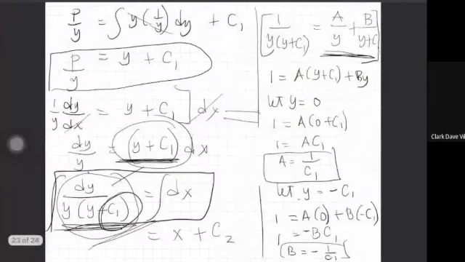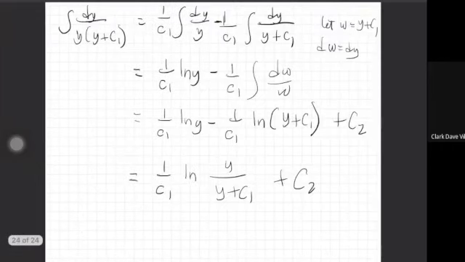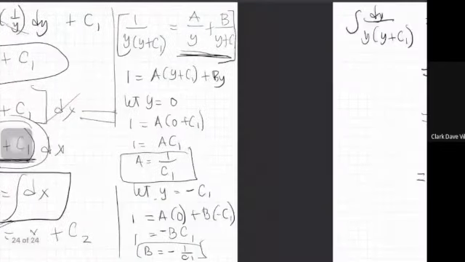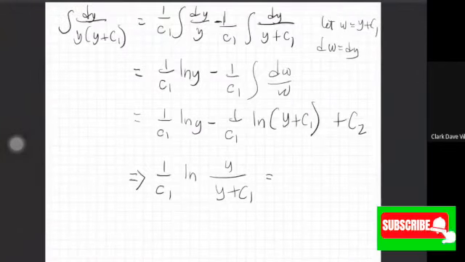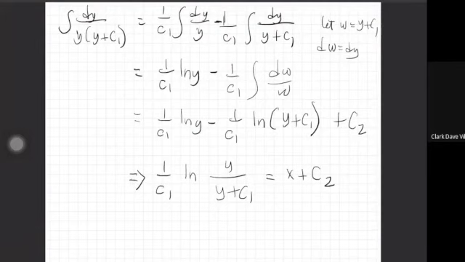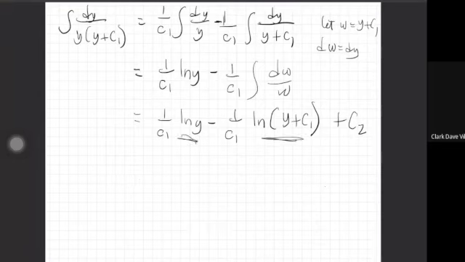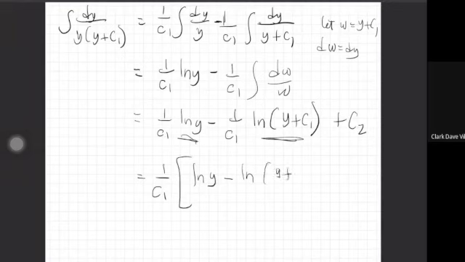Then on the other side, we have the answer x. Actually, we can equate this to our answer x plus c sub 2. Which is different from the answer in the book, but at least I have an answer. You can factor out the 1 over c sub 1, so we have ln of y minus ln of y plus c sub 1.